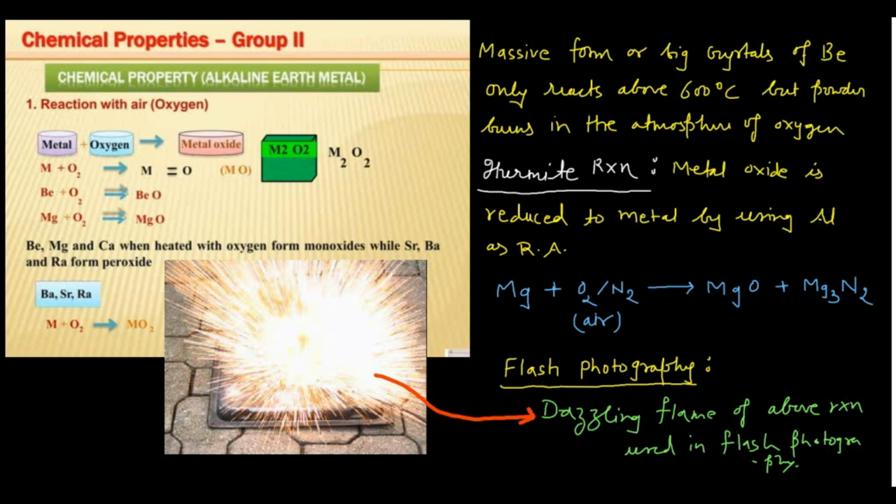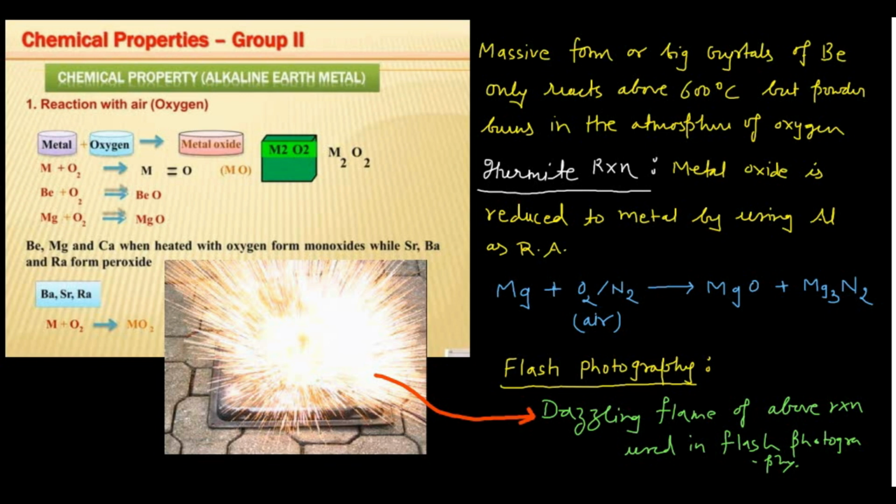The important thing is that when you expose these metals to air, they readily form these oxides, and due to the formation of these oxides they become crystalline solids, and these oxides are basic in nature, but not your beryllium oxide.